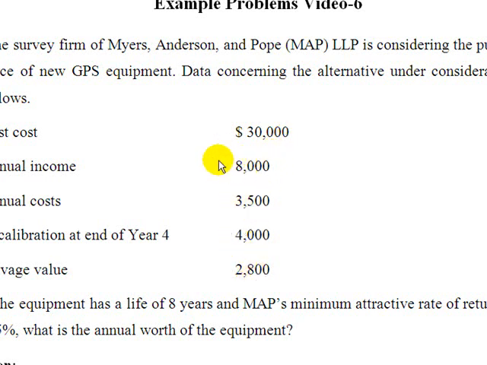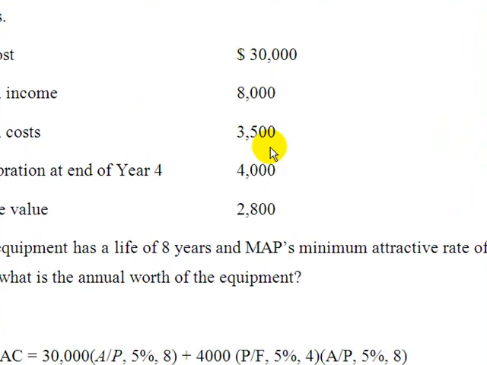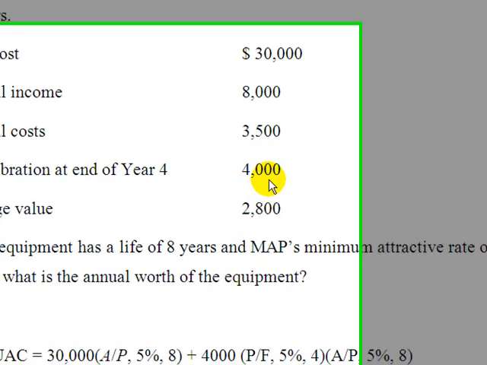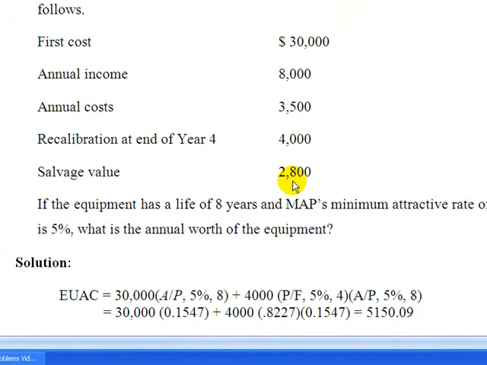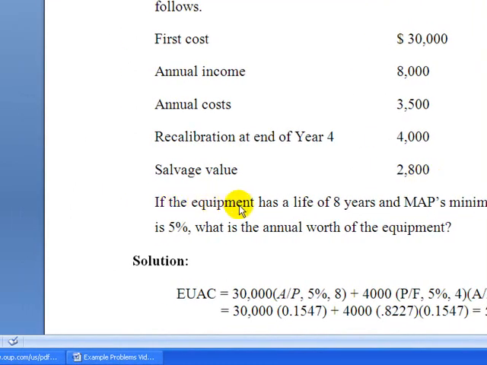We need to put $30,000 now into the equipment to be able to realize the remaining cash flows. Annual income and annual cost are A values, right? Because they are on an annual basis. Then recalibration at end of year 4 is an F value in year 4, and salvage value is also an F value, for the year in which the equipment will be discarded. So far we don't know what year that is, so we will look out for that information.